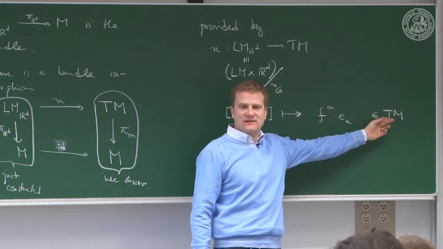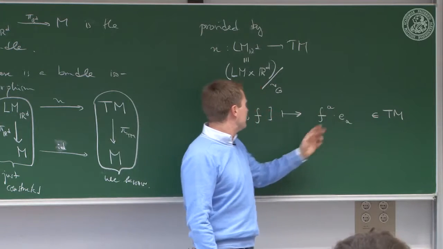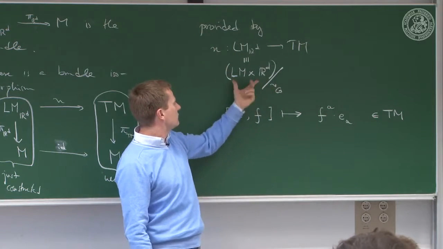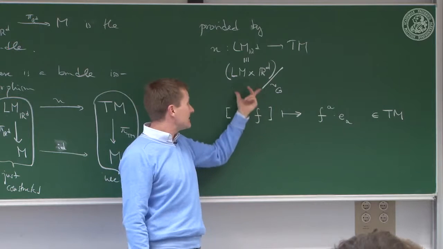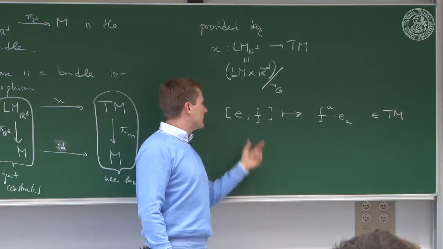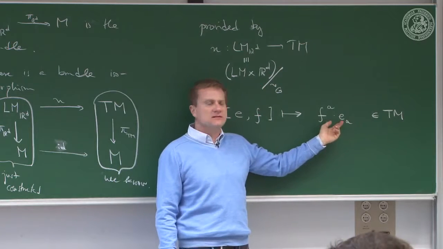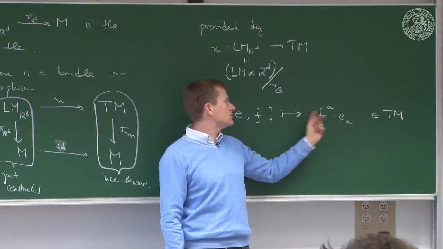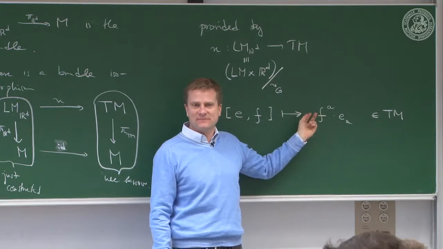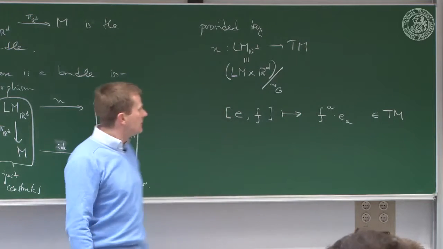So this is an object that's invariant under the action of the group G as it is expressed by virtue of this equivalence class. And that's precisely what we mean as physicists if we say if you change the frame, you've got to change the component the opposite way. Okay, so this is why this looks like this.